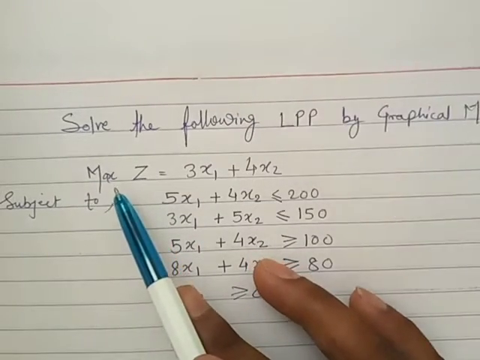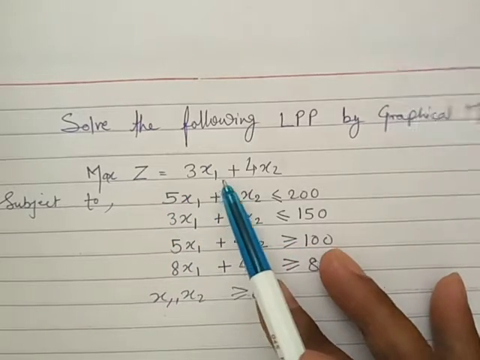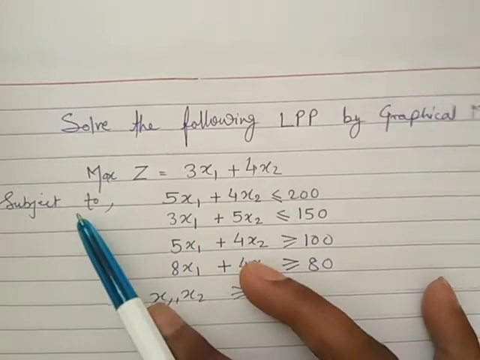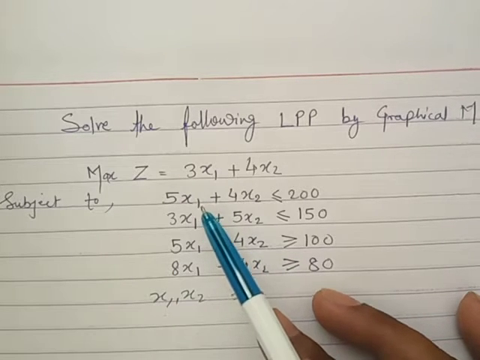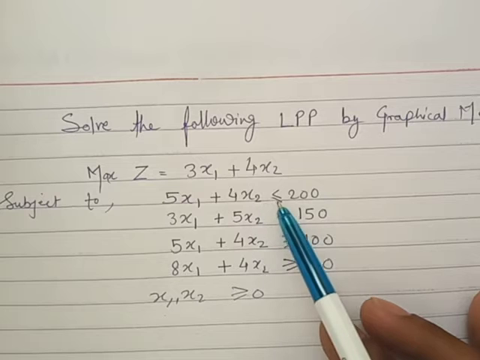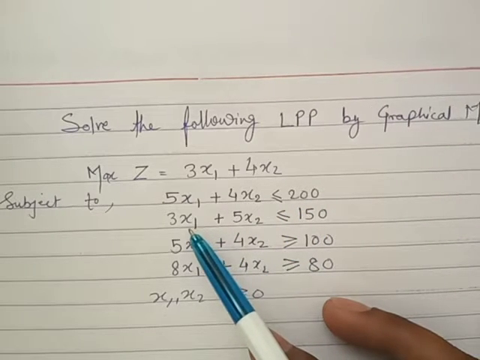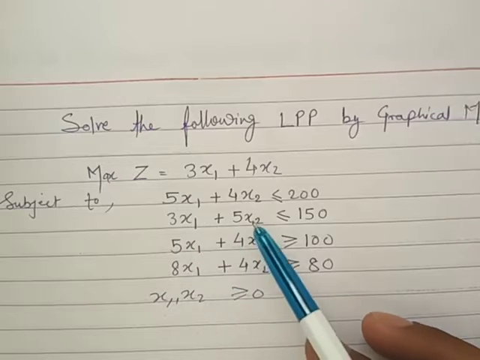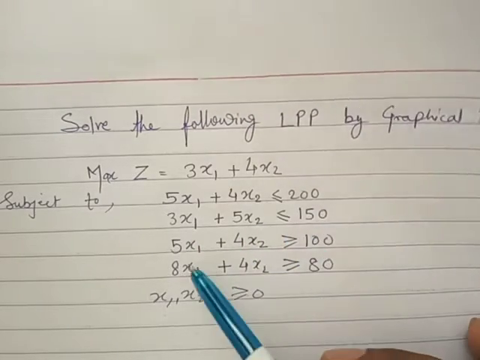with objective function given as maximize z equals 3x1 plus 4x2 subject to the conditions 5x1 plus 4x2 less than or equal to 200. Second constraint 3x1 plus 5x2 is less than or equal to 150.